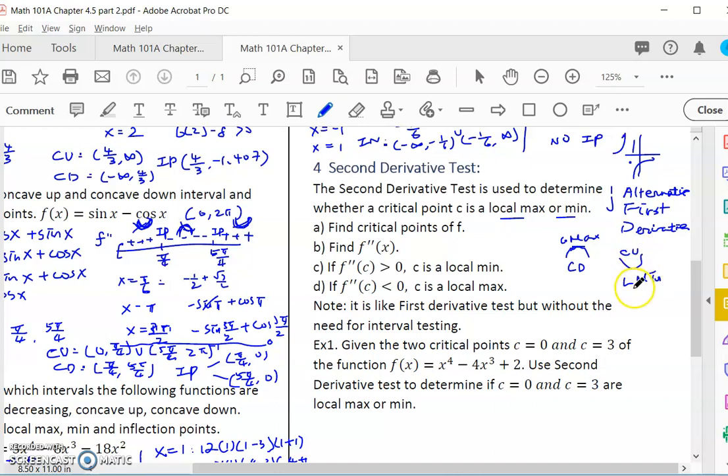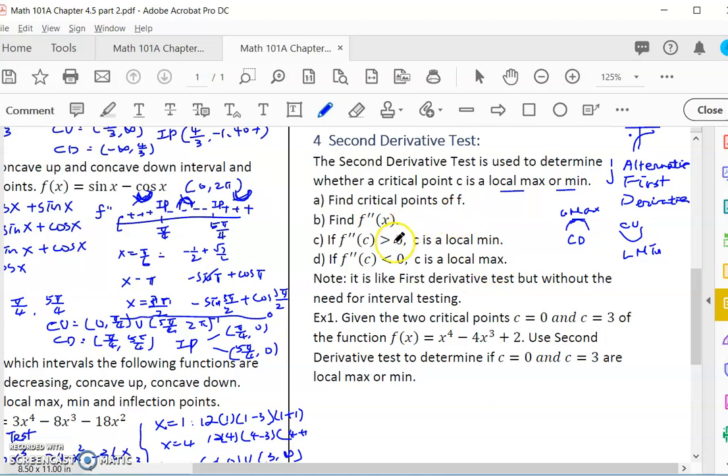Concave up for local minimum, concave down for local maximum. So instead of doing test points, just plug into the second derivative to see if it is positive or negative, because that checks your concavity. After you check it, you don't have to do any testing. So it's an alternative to the first derivative test. That's why it's called the second derivative test: it's the second choice for finding local max and min.